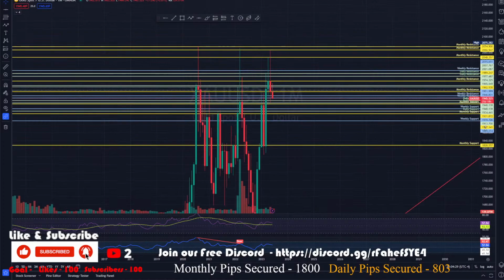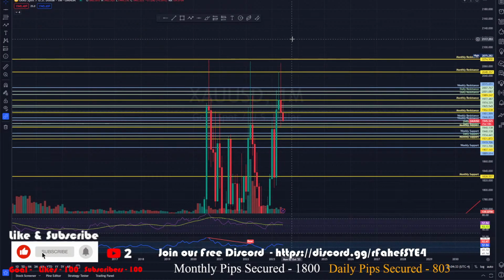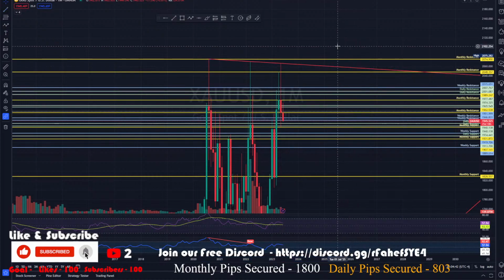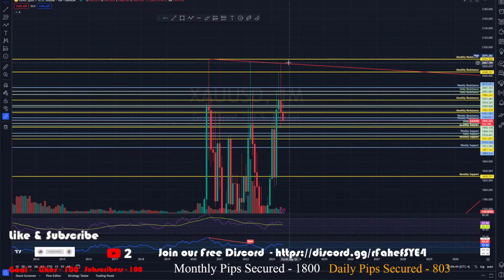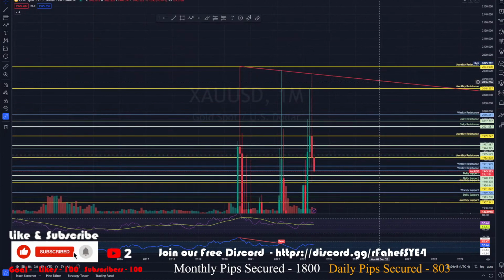Now, let's look at the top. Let's delete this because of this. Let's draw this here. And look at how well this trend line aligns. 3 touch points. Right?